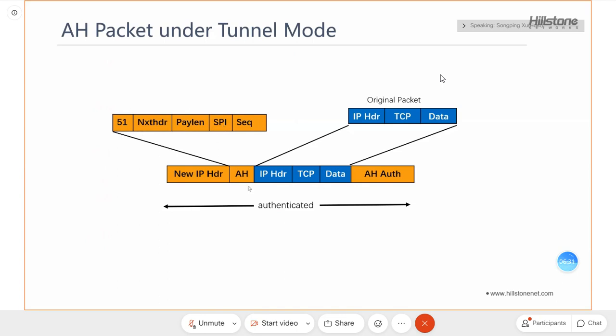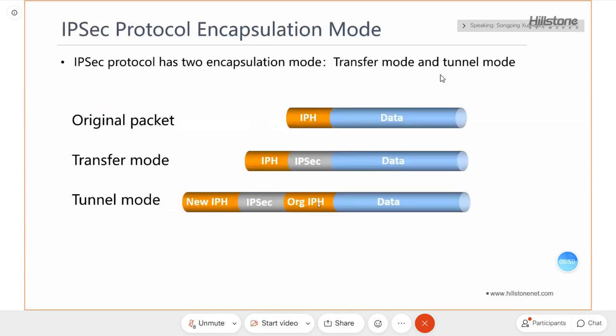As I mentioned, it will not offer the encryption service, only using the authentication for the original packet. So that is AH. Comparing with the ESP, ESP will be more secure in this data encryption.